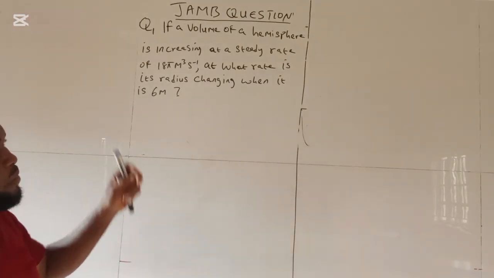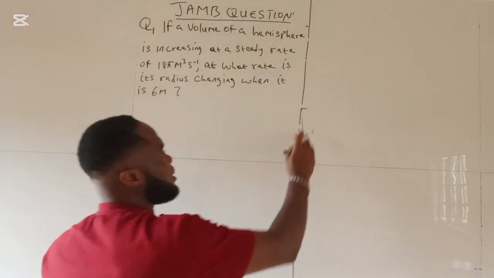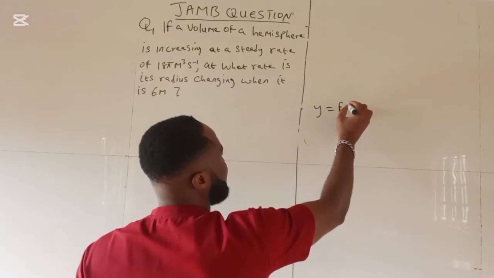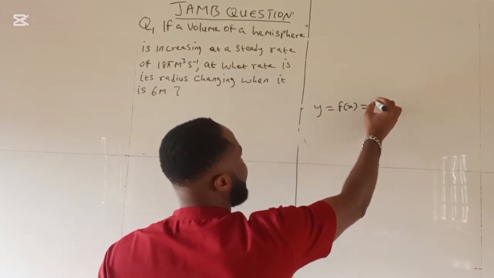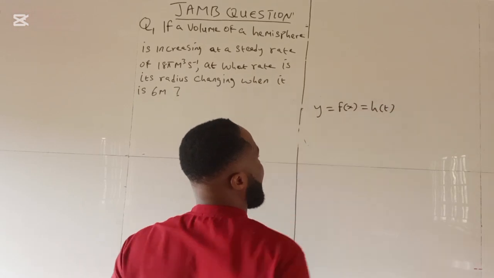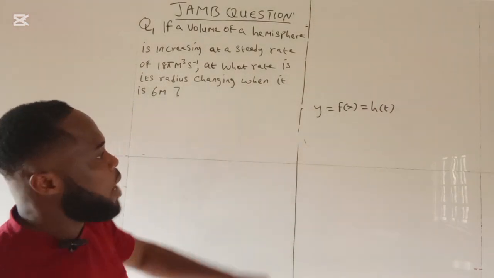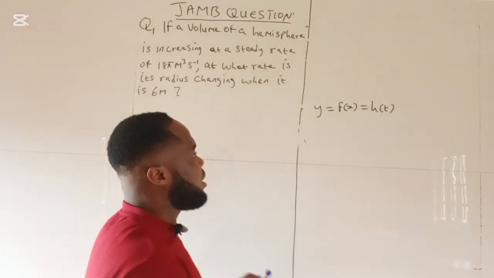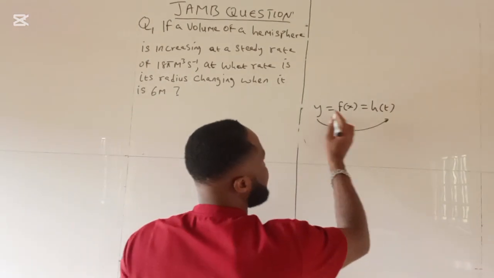Before we solve this, let me refresh our mind. If y is a function of x, and x depends on time, how are we going to move from y to t?